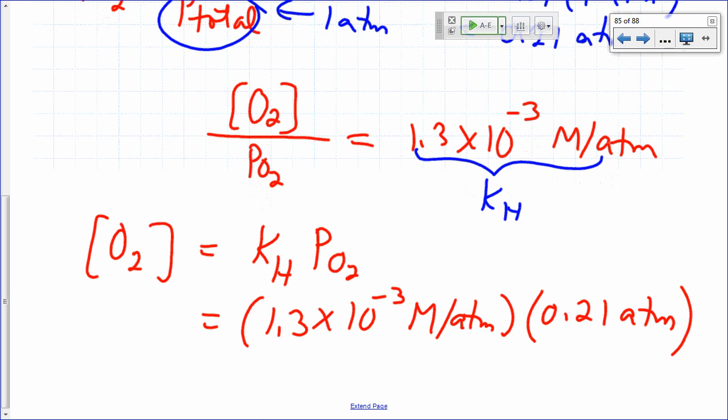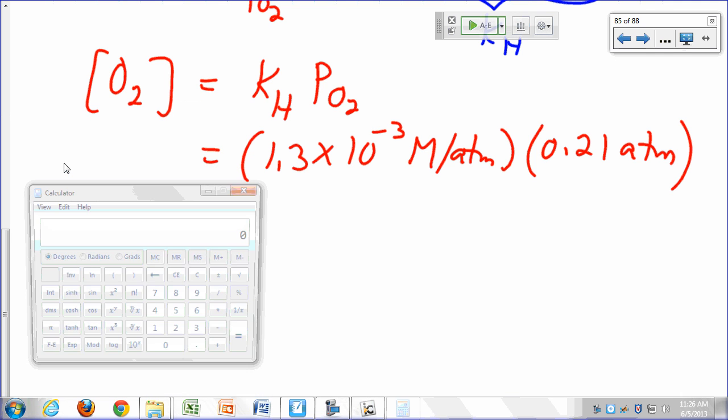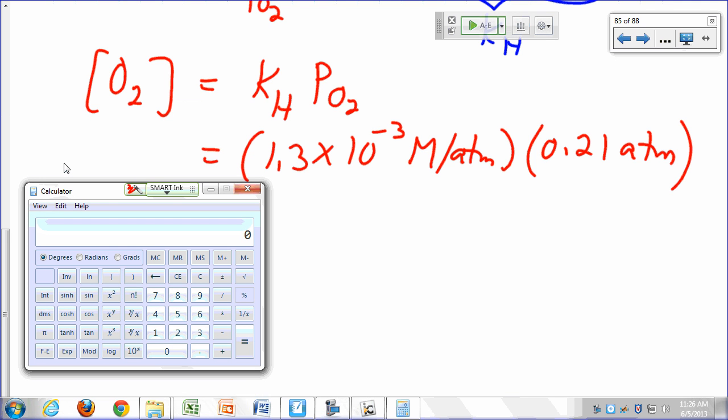Okay? So what is that number? 1.3 times 0.21 is 0.273 times 10 to the negative 3, which equals 2.7 times 10 to the negative 4.